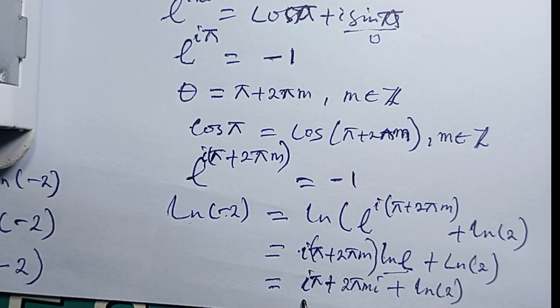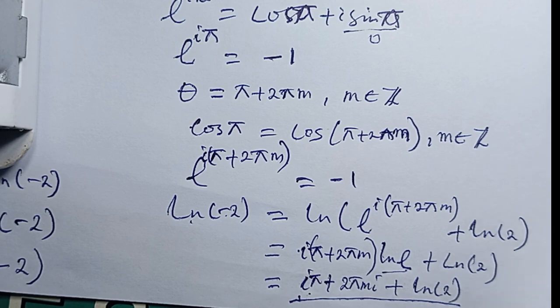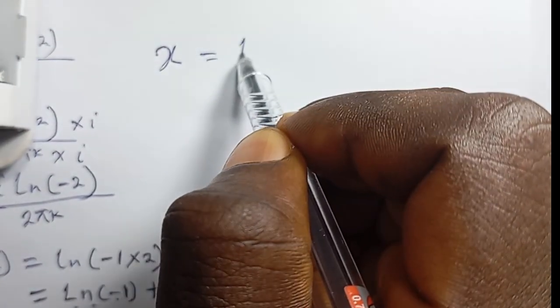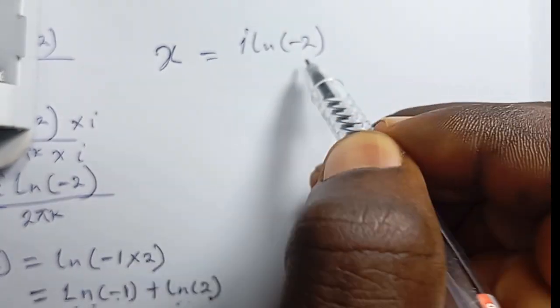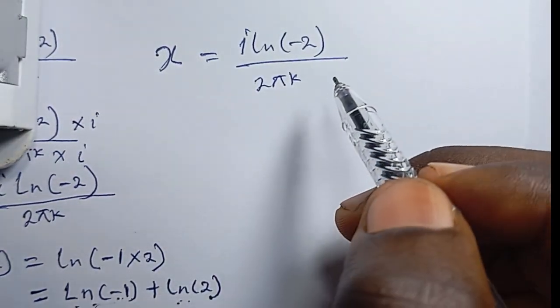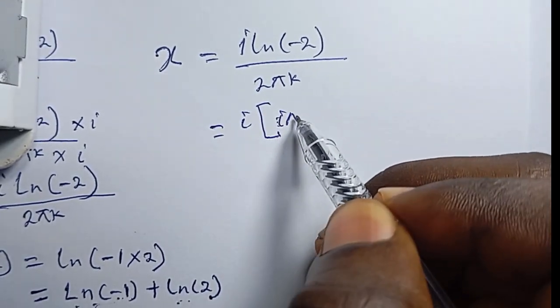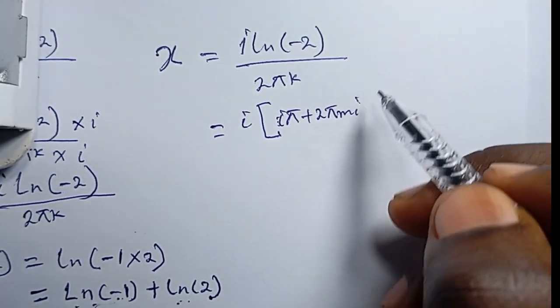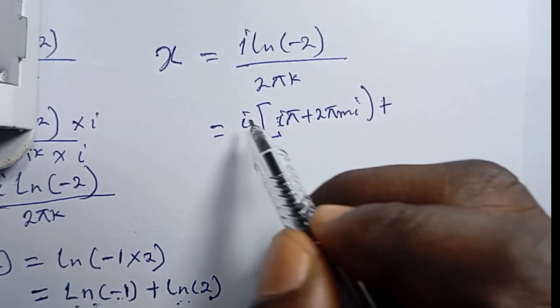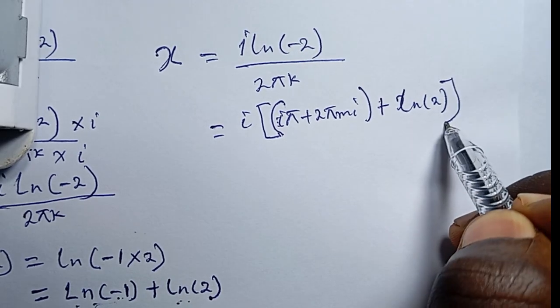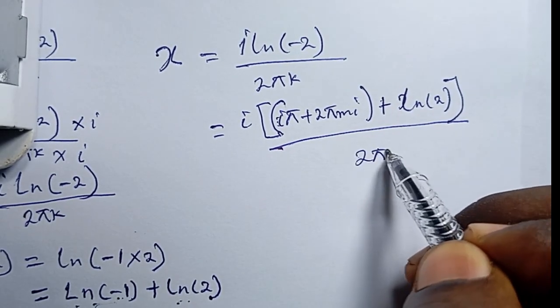So I'm actually going to replace natural log of negative 2 with this expression we have over here, so that our x, which we got as i times natural log of negative 2 divided by 2 pi k, is actually going to change to i times i pi plus 2 pi m i, and then of course plus natural log of 2, and all of this is divided by 2 pi k.